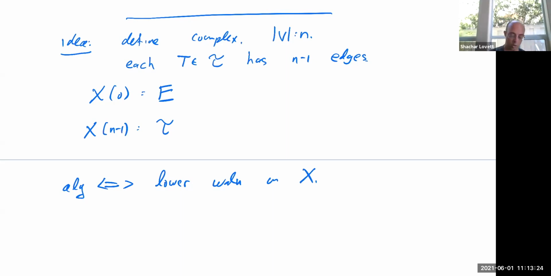So this was the way we defined it. This was you take D_{n-1}, U_{n-2}. So n minus 1, because this complex has n minus 1 levels.